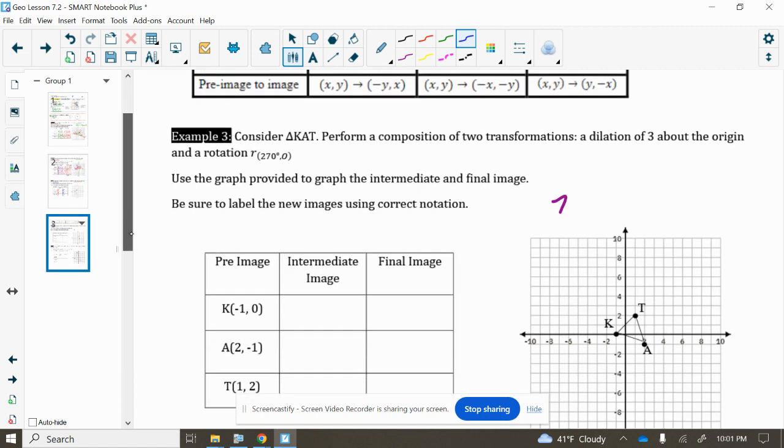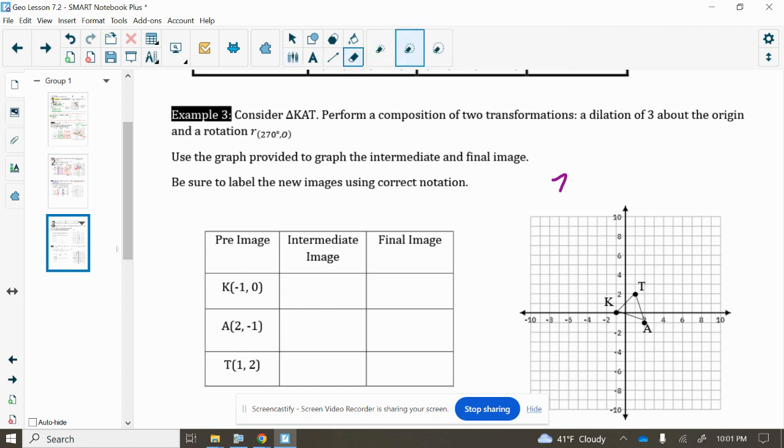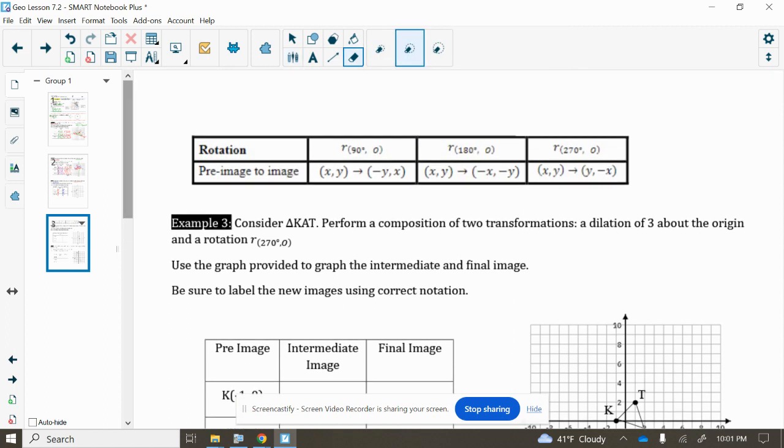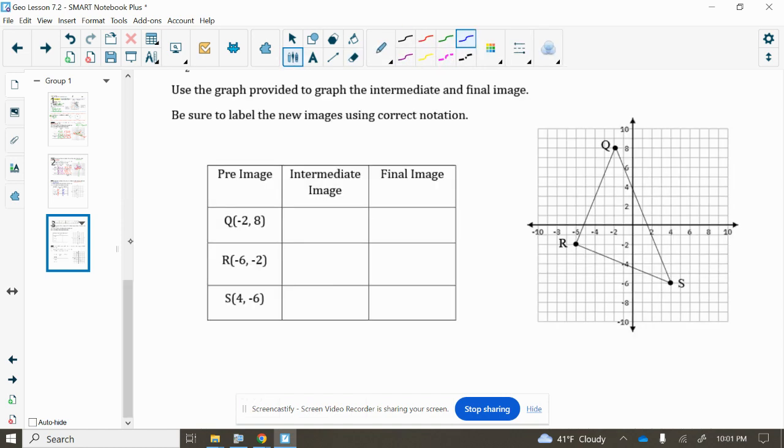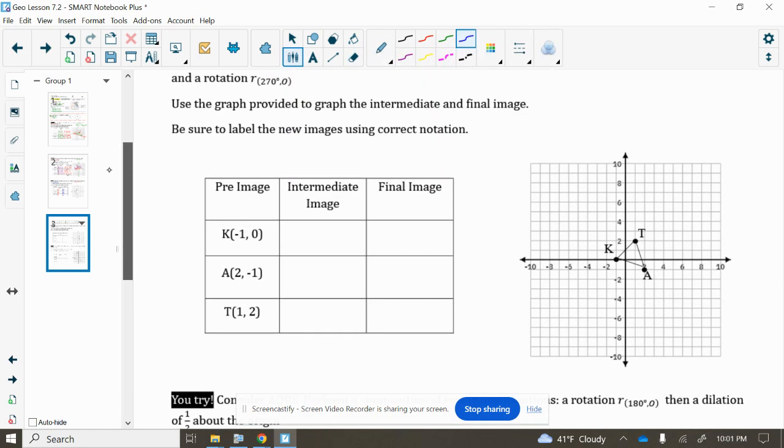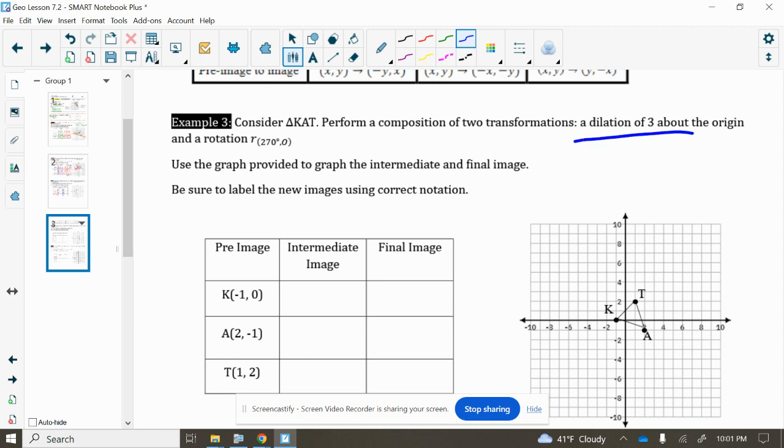All right, the last type of similarity transformations we are going to talk about today involve our rotations. Remember, we have our rotation rules from last semester to help us with these as well. So on our first one, we want to start with a dilation of 3 for our triangle K8T.